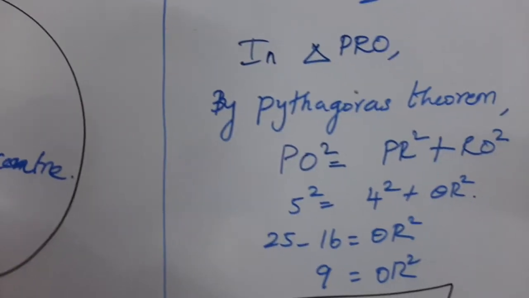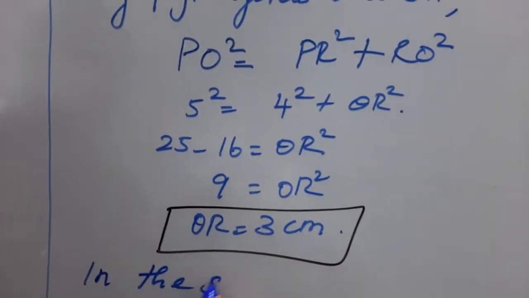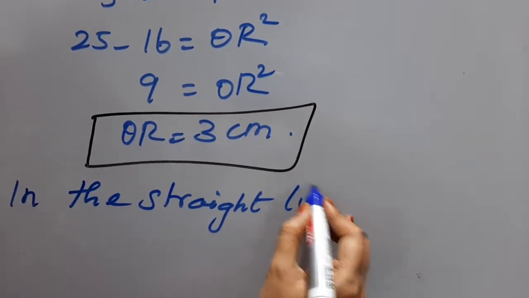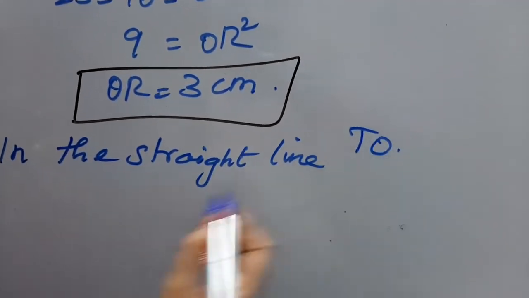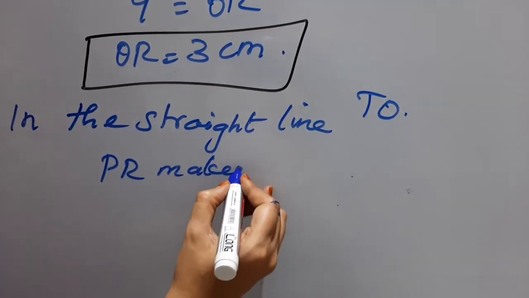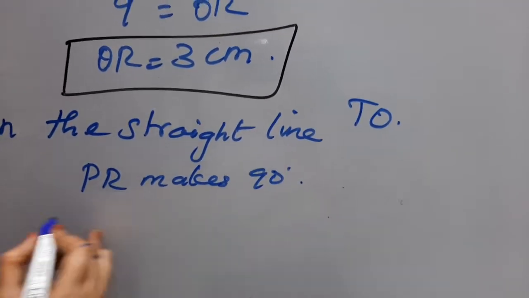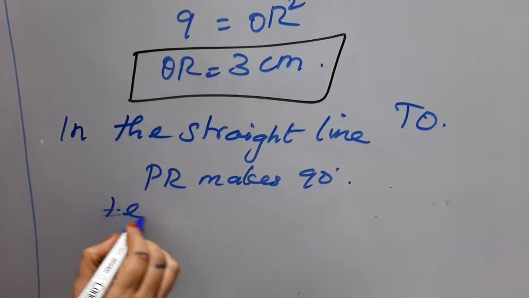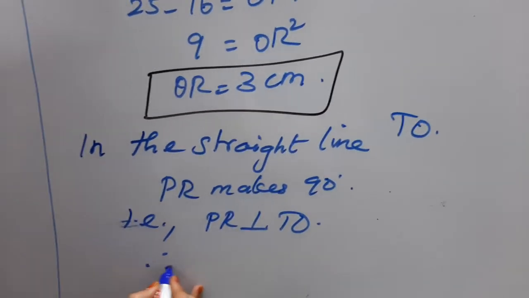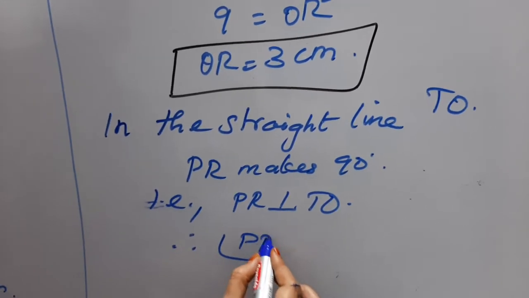What we did here in the straight line TO, PR makes 90 degrees, that is, PR is perpendicular to TO. Therefore, what about the angle PRT?